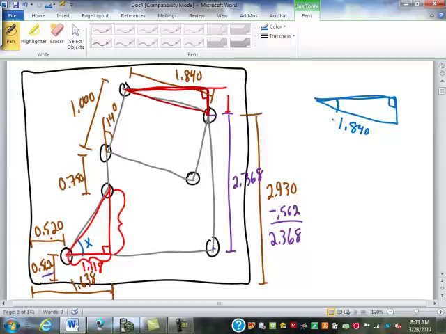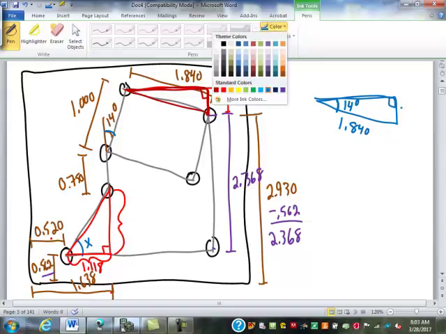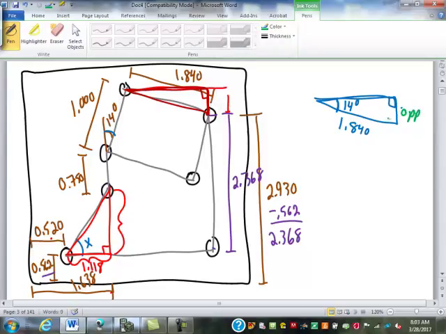This angle here is my 14 degrees. Same as this angle here. So then finding this side, that's going to be the opposite side. And what I have here is the hypotenuse. So that's going to be a sine. So I'll fill in what I know. I know the 14 degrees. I am looking for the opposite side. My hypotenuse is 1.84.